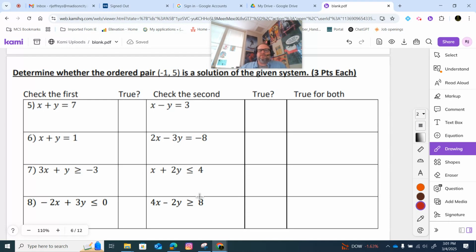So, this is our x, this is our y. So let's see, is -1 plus 5, does this equal 7? So this is 4 equals 7. Is that true? No.